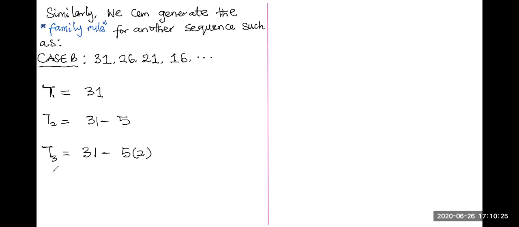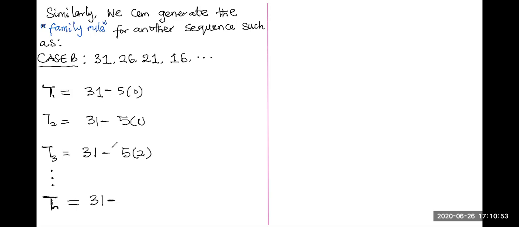So rather than writing for the fourth term, fifth term, sixth term, we can generate for the nth term by saying that Tn, representing the family rule governing this particular set of numbers, is equal to 31 minus something. This one is 5 times 2. Of course, this one can be 5 times 1, and this one can be minus 5 times 0.